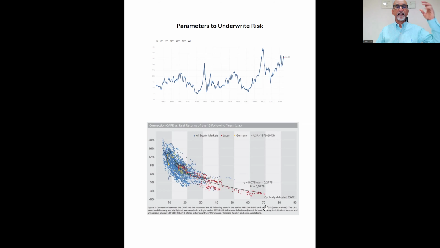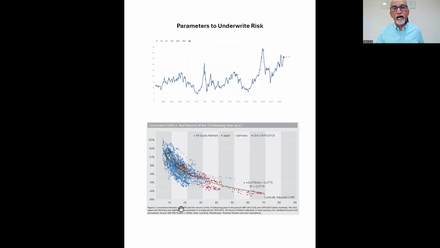They have taken all the market indices from a variety of U.S. and international markets, and plotted them. Red is Japan, yellow is Germany, and USA is dark blue. And light blue is all equity markets combined.